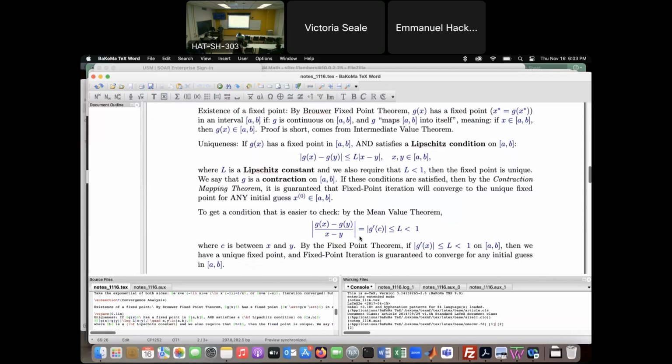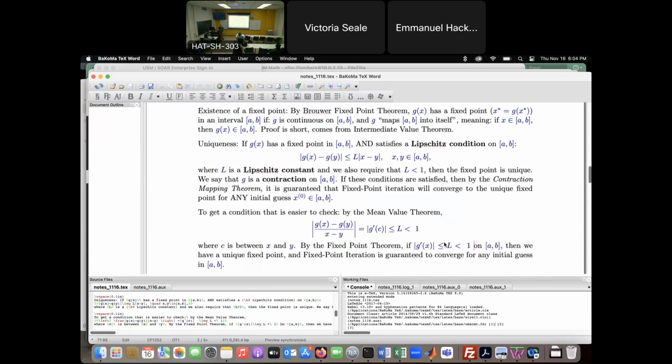By the way, it's a very subtle point, but notice I'm requiring that the derivative, again, on the interval AB is less than or equal to some constant capital L, and that constant is less than 1. Now, you might think, wouldn't that just state the requirement that the absolute value of g prime of x is less than 1 on AB? Not the same thing. It's almost the same thing. But by having it less than or equal to capital L and capital L less than 1, I'm guaranteeing separation.